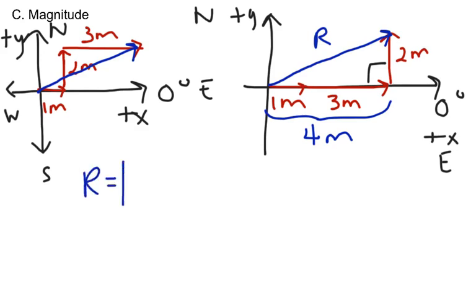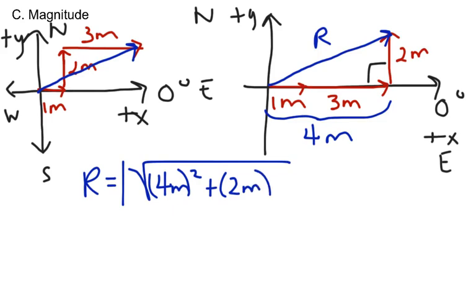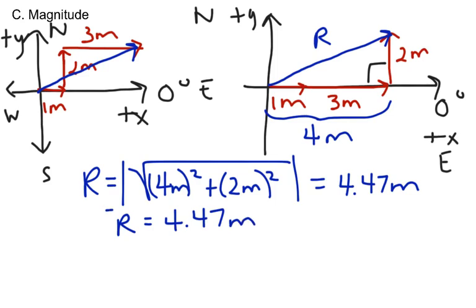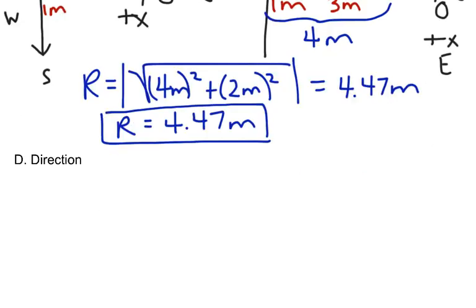So in doing the Pythagorean theorem, R will be the absolute value of the square root of 4 meters squared plus 2 meters squared, and that answer comes out to be 4.47 meters. This is my magnitude in this particular example. So we'll say R is equal to 4.47 meters, and we'll put a box around that.